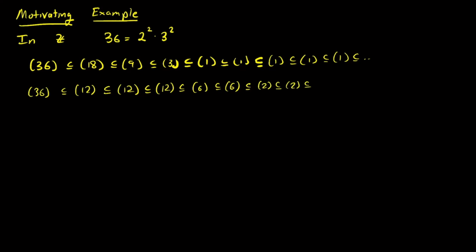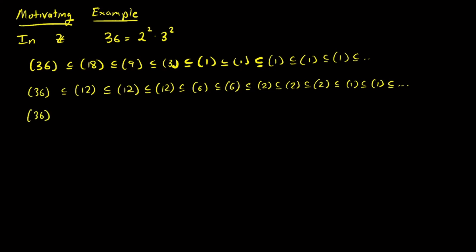I could repeat the 2 a bunch of times, but eventually I notice that either these ideals are going to stabilize at some factor of 36, or they're going to go all the way down to 1 and stabilize at 1. The idea is that we can't ascend infinitely. We're always going to ascend, and the highest point we can reach is the ideal generated by 1, which is all of the integers.